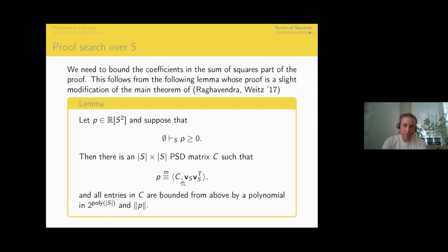Okay, but one can actually bound these entries in C by a polynomial, so that the entries can be represented by a number of bits that's polynomial in the size of S and the logarithm of the coefficients in P. Okay.